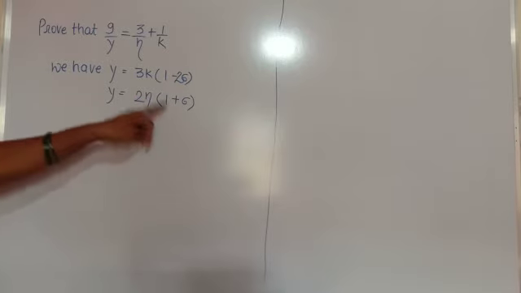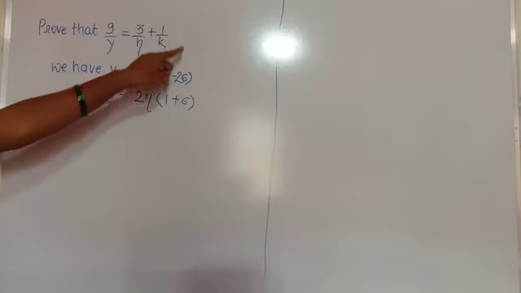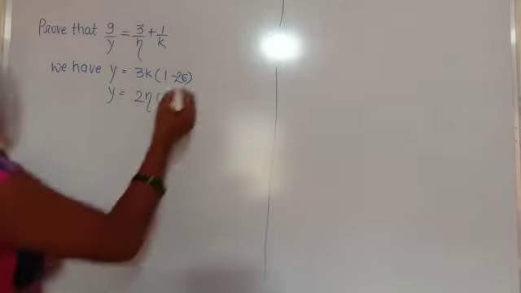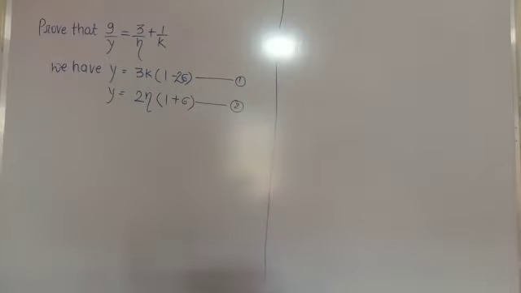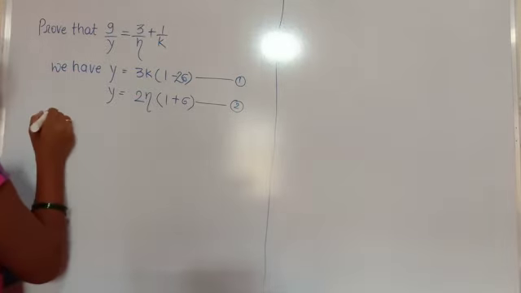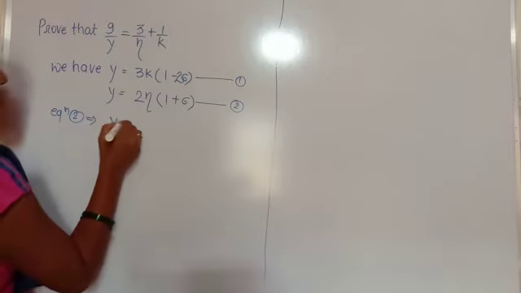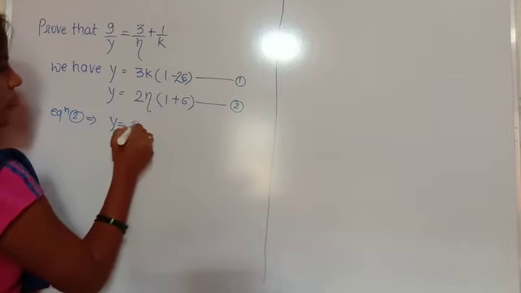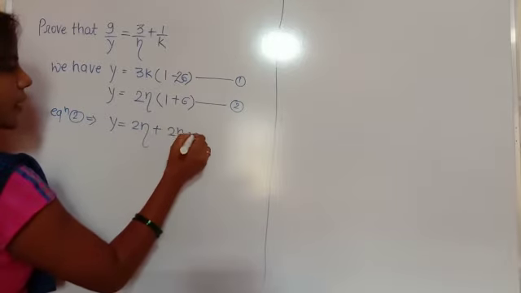By using these relations we have to prove the equation 9 by Y equals 3 by eta plus 1 by K. Here we label them equation first and equation second. After solving the bracket in equation second, Y equals 2 eta plus 2 eta sigma.